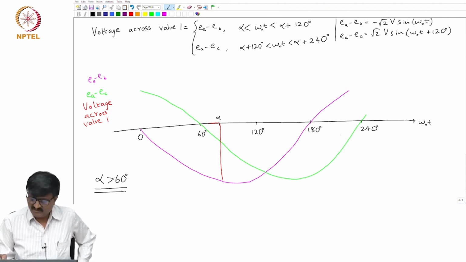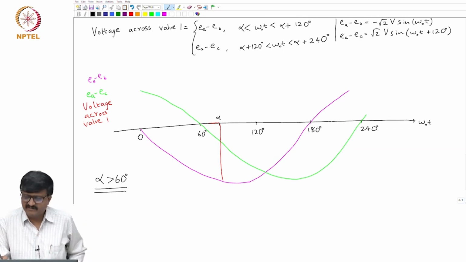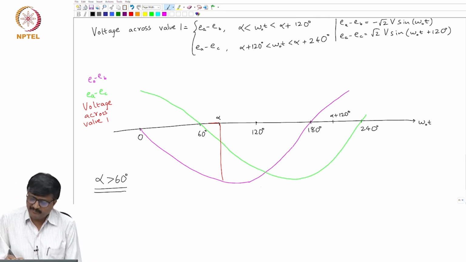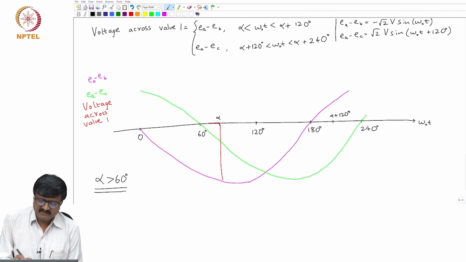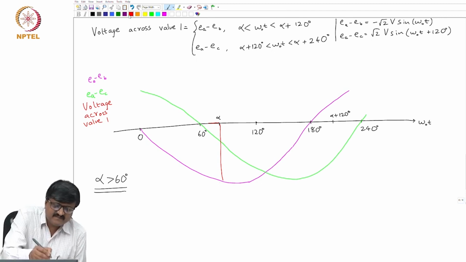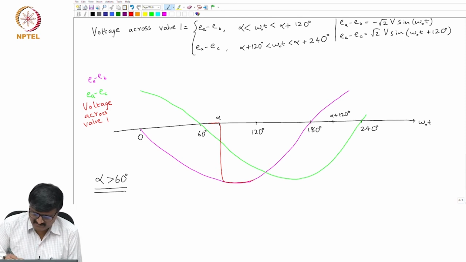Up to alpha plus 120. So, alpha plus 120 comes after 180 degrees, because I have assumed alpha greater than 60. So, up to alpha plus 120, the voltage across valve 1 is EA minus EB. So, this red line coincides with this curve EA minus EB.